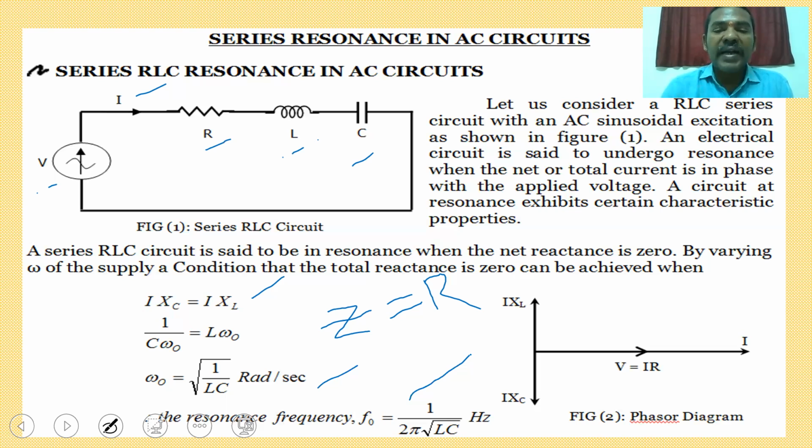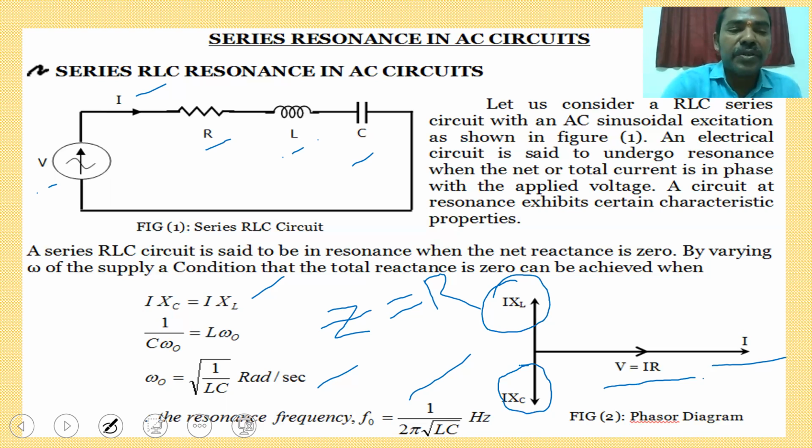Under resonance, the voltage across the resistor is I into R, and the current flowing through the circuit is I. Both are in phase. The voltage drop across the inductor is in the j omega axis upward direction, and the voltage drop across the capacitor is in the j omega axis downward direction, and both magnitudes must be equal.